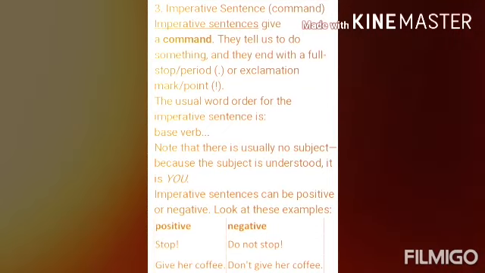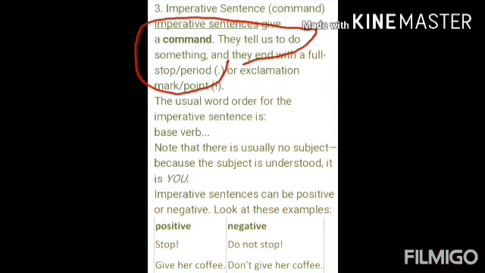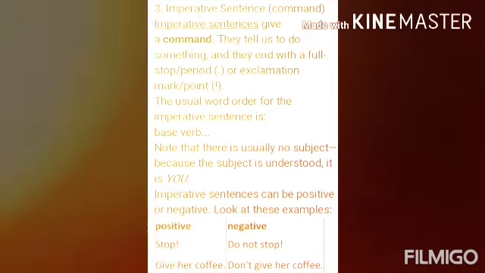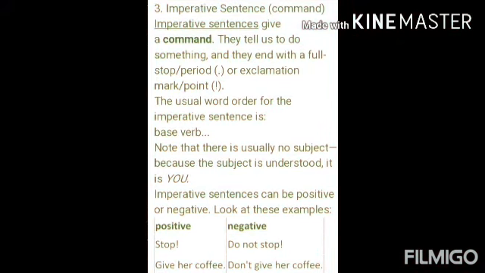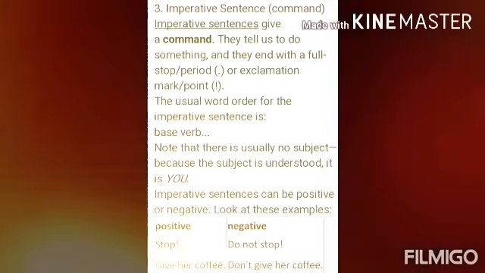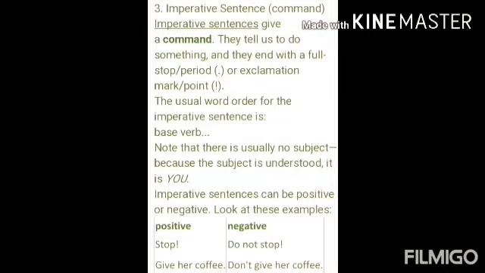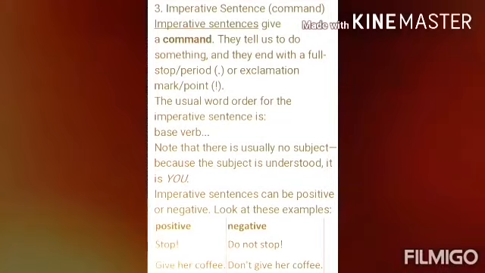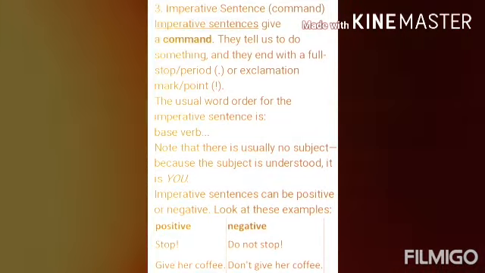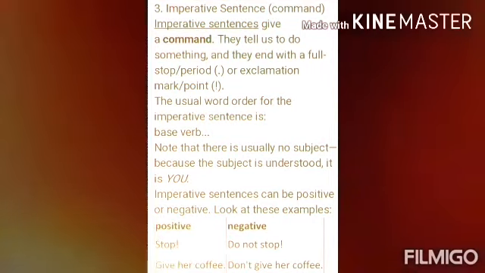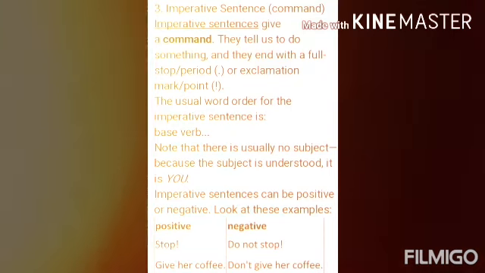Mostly we use a full stop in an imperative sentence. A sentence that expresses an order, a request, or a piece of advice is called an imperative sentence. In this sentence you will get order, command, request, advice.